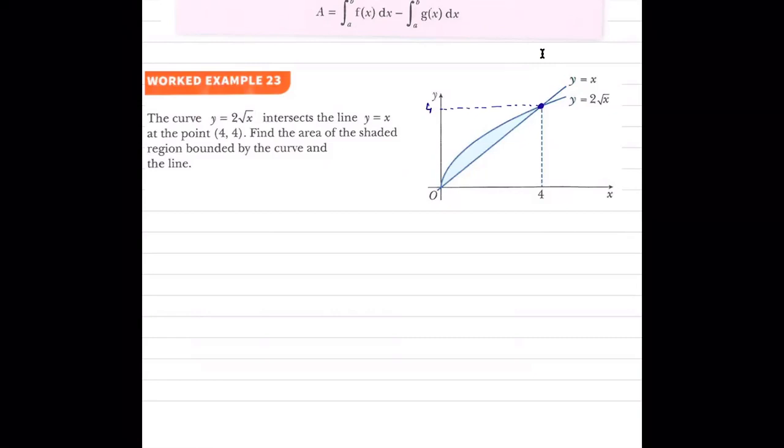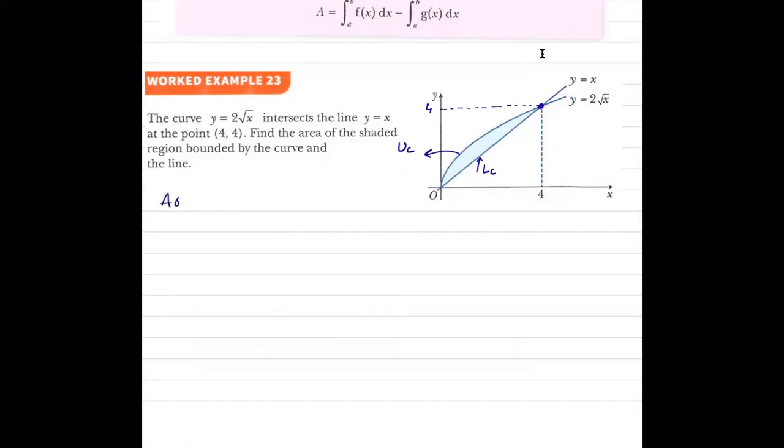You can do it in two ways. The first way is you consider this to be the upper curve and this to be the lower curve, or the lower line. Because the intersection points are the same, the integration is going to be done from 0 to 4.